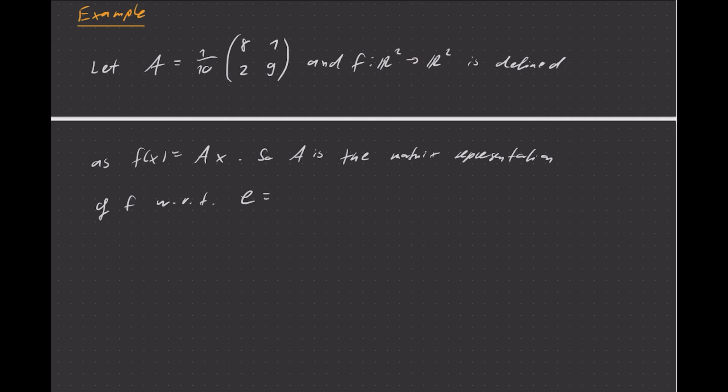And the standard basis is, of course, (1, 0) and (0, 1). Okay, so f with respect to the standard basis, that's exactly A. Now let's say we wish to compute the matrix representation of f with respect to a different basis.